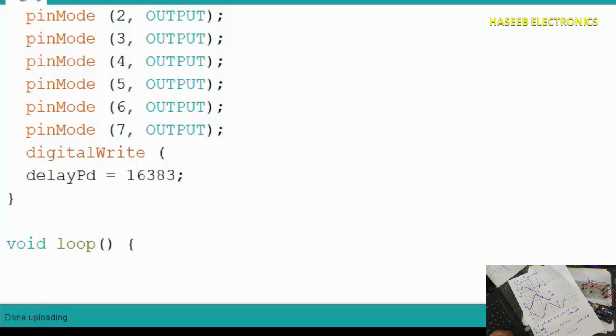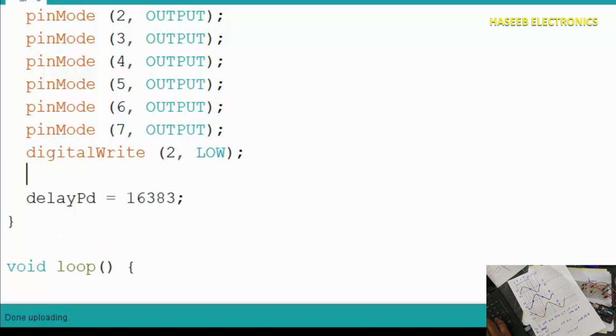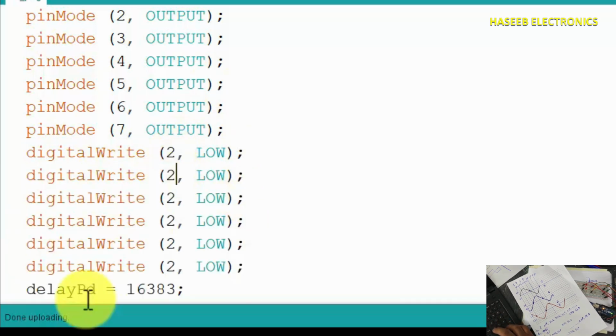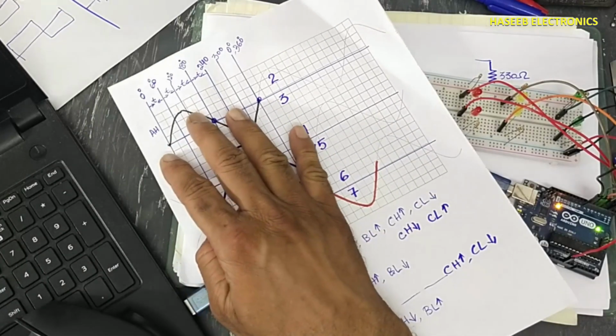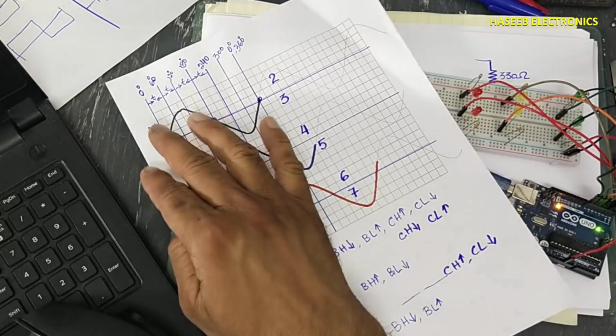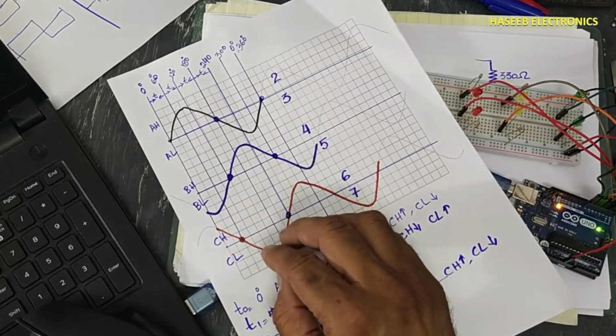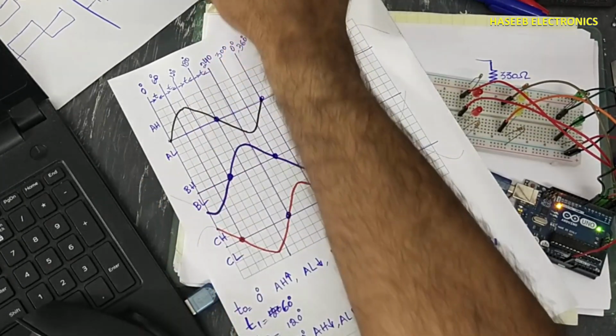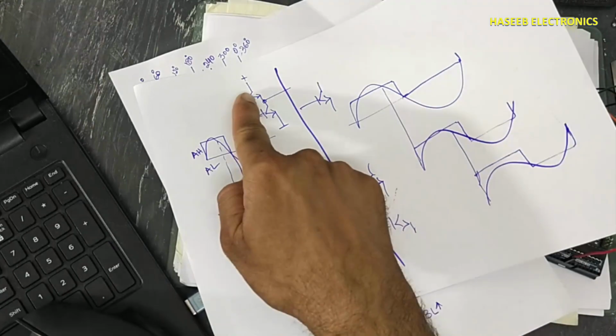We can write a common code for all the pins at a time, but for best understanding I will define each pin alone. 2 low, so we turn off all the inputs low, 3 low, 4 low, 5 low, 6 low, 7 low. Before starting the code, we turned off all the outputs, so that each output transistor must be off. No transistor will remain on.